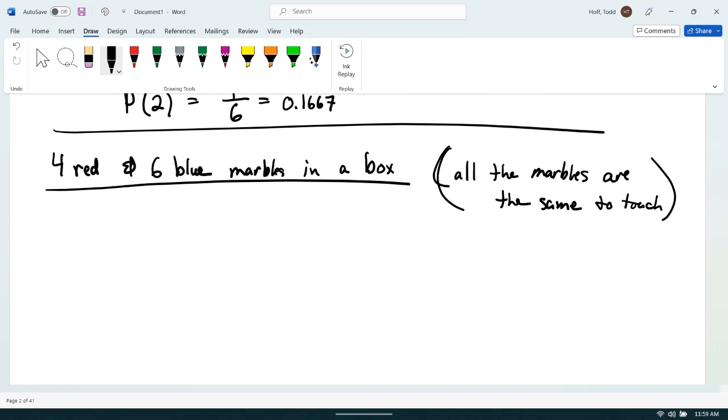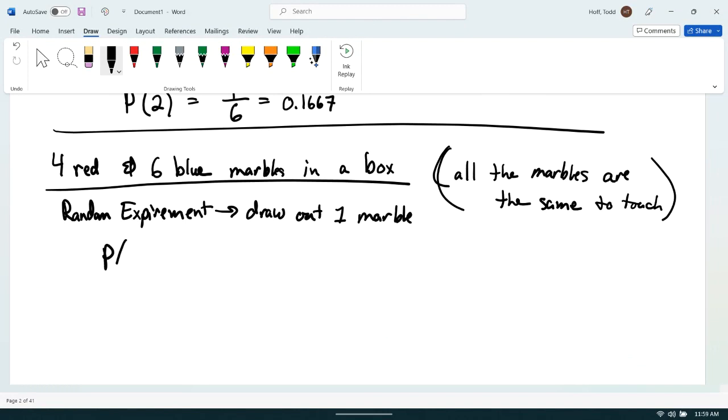So here, our random experiment is going to be drawing out a marble. The probability that that marble is red, well, there are 4 red marbles out of 10 in the box. 4 out of 10, or 0.4, is that probability.